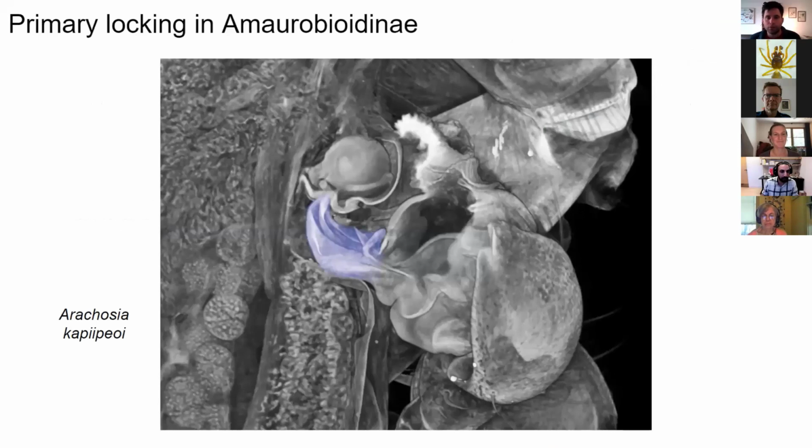And what we found is that in all studied species, males achieve primary locking by locking their hook-shaped conductor into the ipsilateral copulatory opening. This means that the right conductor is locked in the right copulatory opening, and the conductor holds a double function because it also conducts the embolus through the copulatory opening.